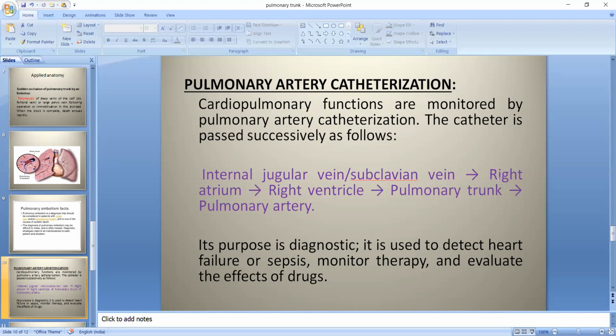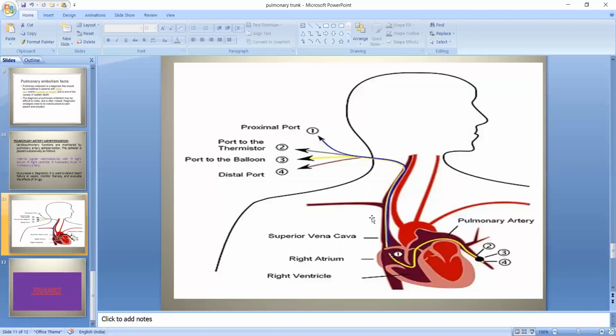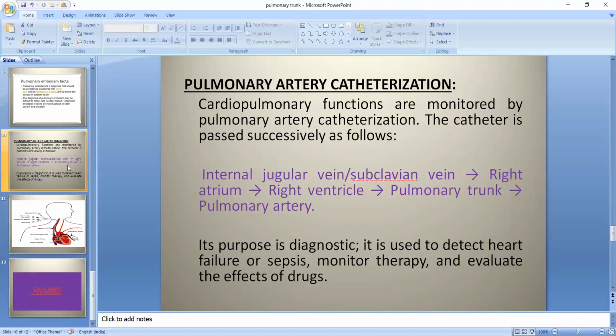Through this, we reach the right atrium, then the right ventricle, then the pulmonary trunk and pulmonary artery. We can see here, we inserted it into the internal jugular vein, and it goes to the right atrium, then the right ventricle, then the pulmonary trunk to the pulmonary artery.